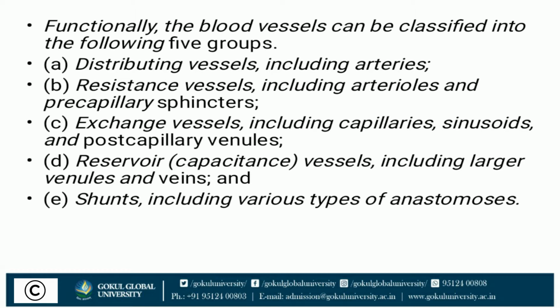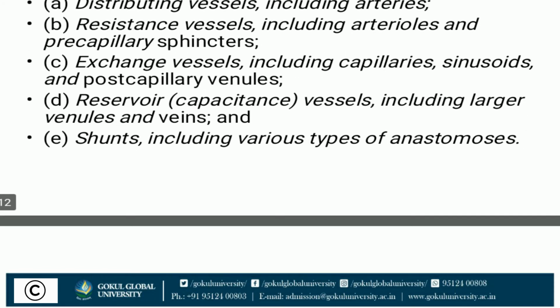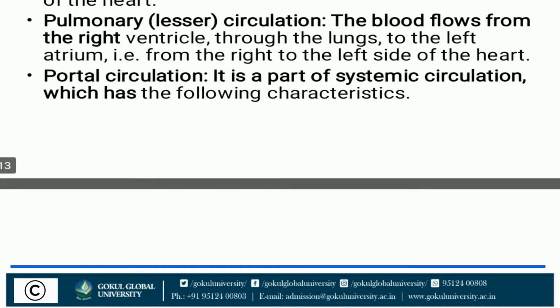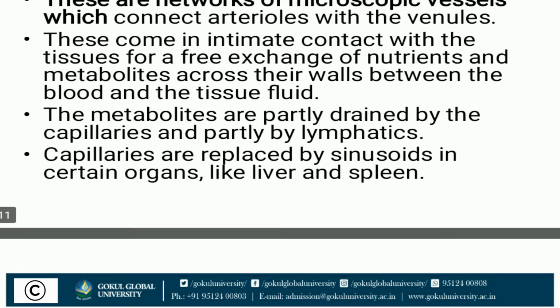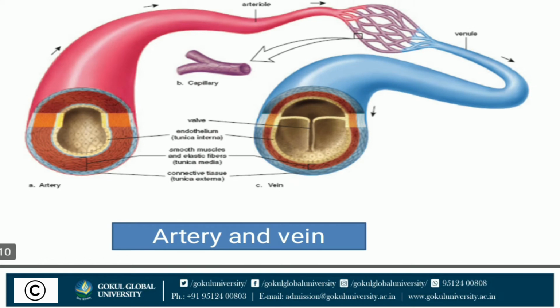First distributing vessels, second resistance vessels, third exchange vessels, then reservoir and shunt. Anastomosis. In this diagram again you can see arterioles and venules.